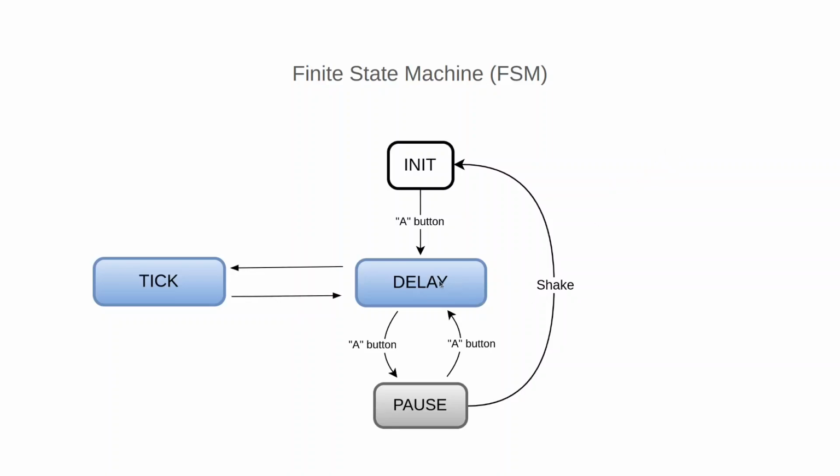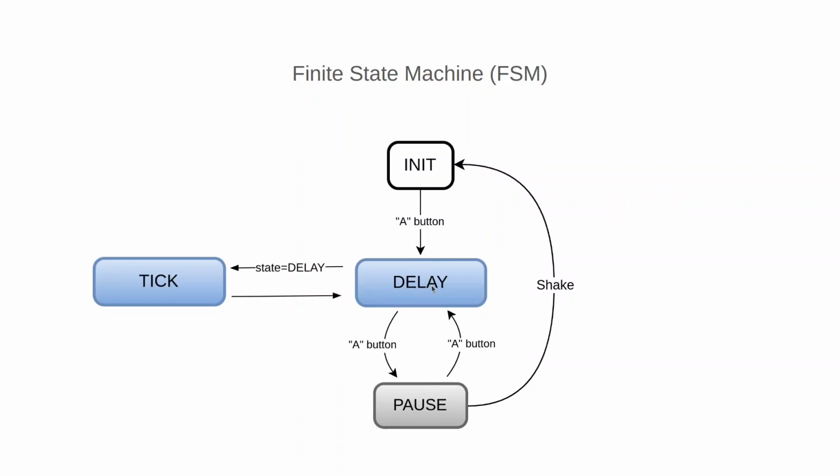And they will go from one to the other. So once the delay is finished, then it will go to tick state that will actually execute those display LEDs and evaluate the if condition, and after that it will go back to delay state.